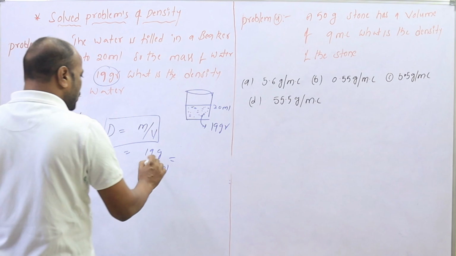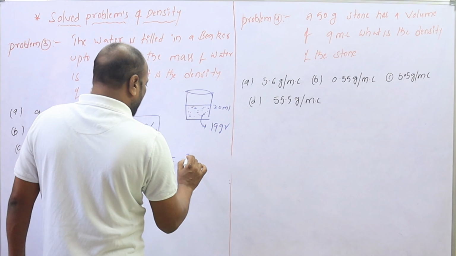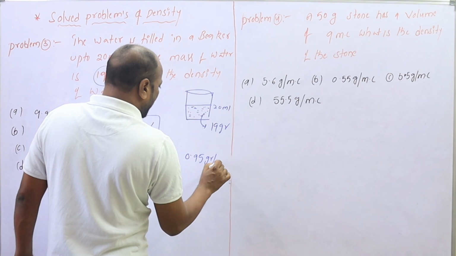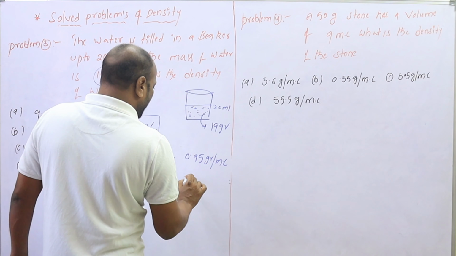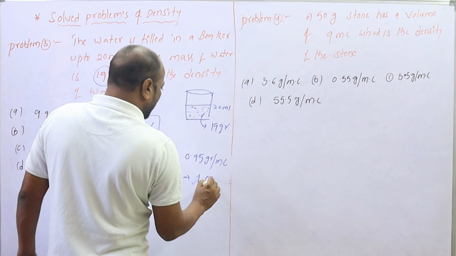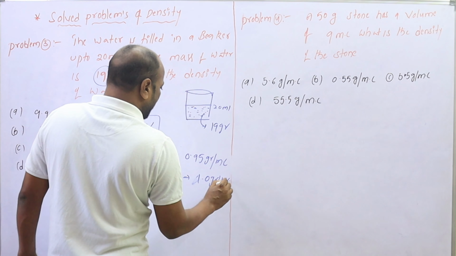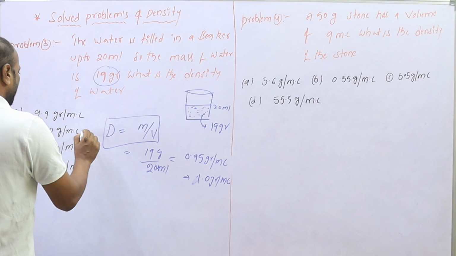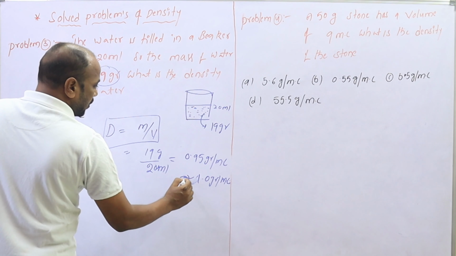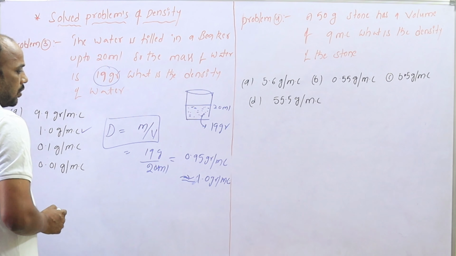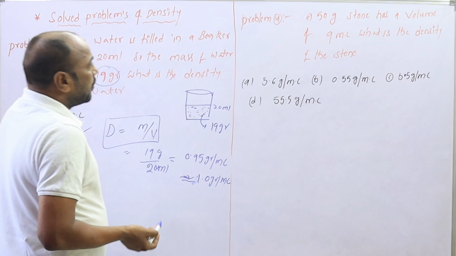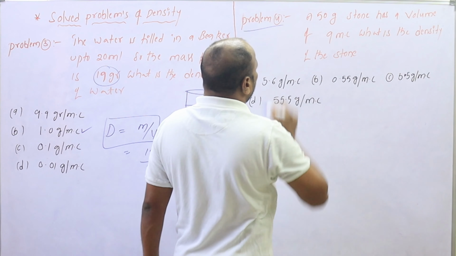So the value is 0.95 gram per milliliter, which is almost equal to 1.0 gram per milliliter. So the correct option is B. Then the next problem, problem number 4.